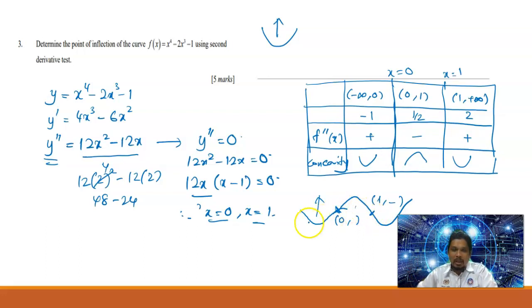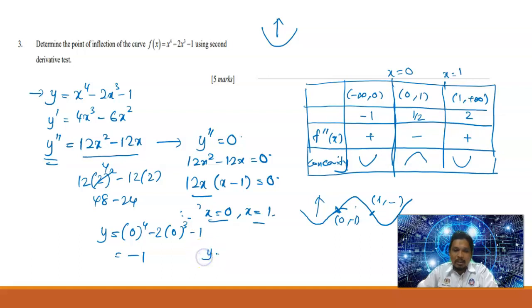So how are we going to find the coordinates? Substitute into the function of y. Then y equal to 0 to the power of 4 minus 2 times 0 cubed minus 1, which gives you negative 1. So the point is 0 and negative 1.